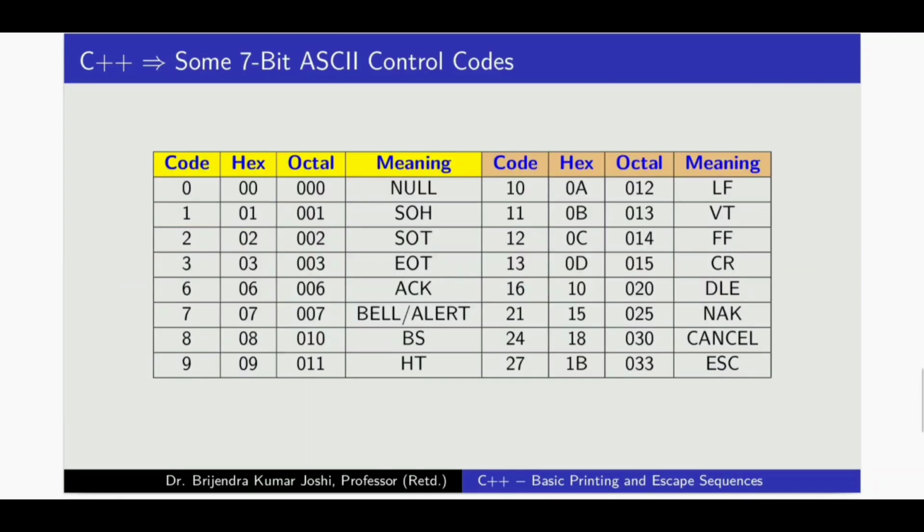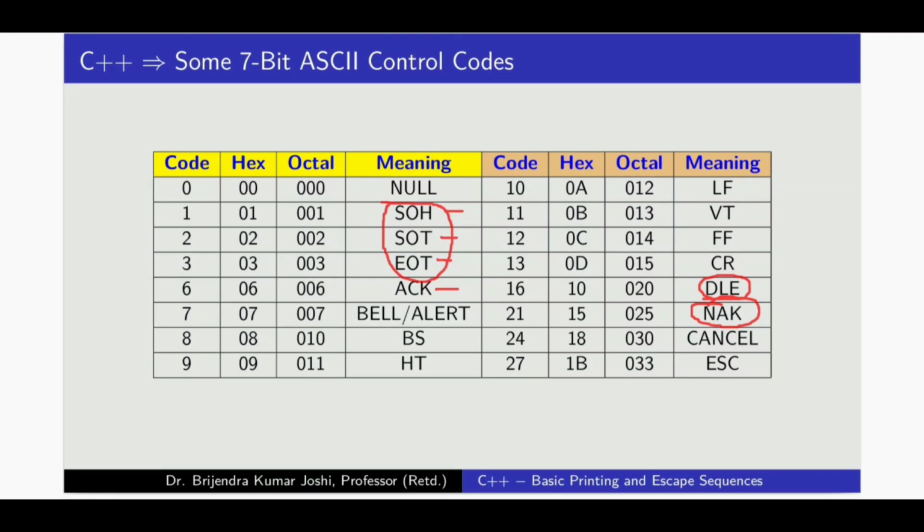Okay. Now here are other control codes. All codes whose values are less than 32 are referred to as control codes. People who work in computer communication can easily recognize these. The first one is start of heading, start of text, end of text, acknowledgement. Then data link escape, negative acknowledgement, etc. These codes are sent on communication channels.